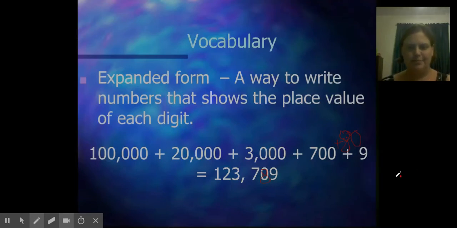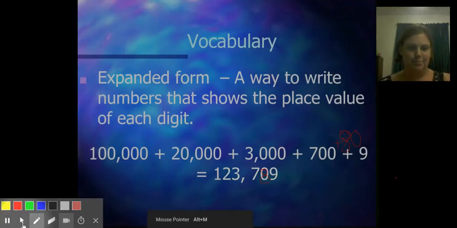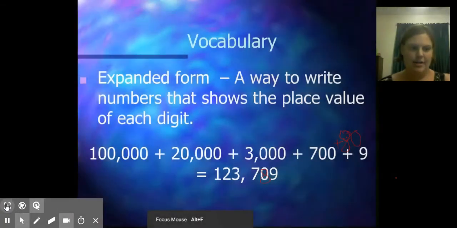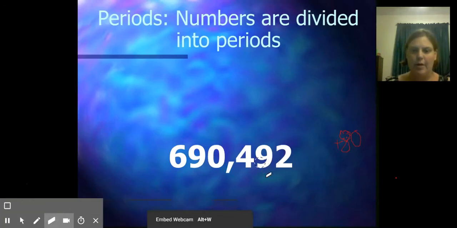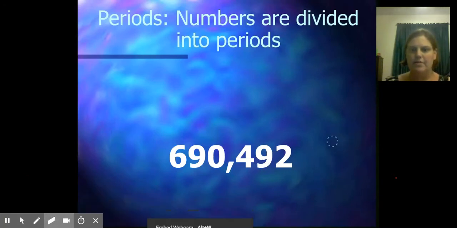Our next vocabulary word is hopefully going to come soon. I think I need to go back to just the mouse. There we go. And it is periods. And periods are where the numbers are divided. And they are divided by every 3 numbers.